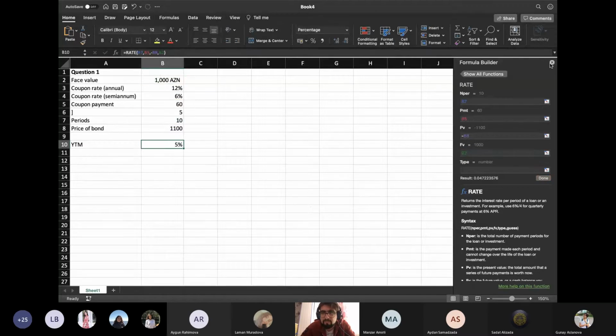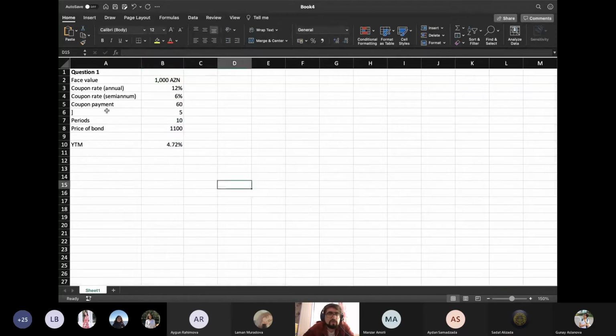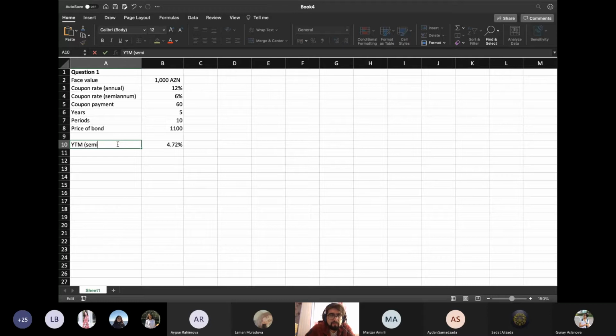So it is our yield to maturity. But this yield to maturity is semi-annual, because we found it with semi-annual coupon rate and semi-annual periods. Therefore, we need yield to maturity annual.